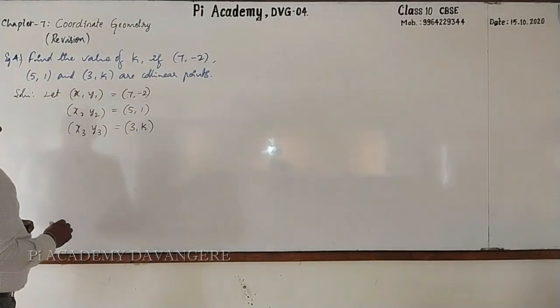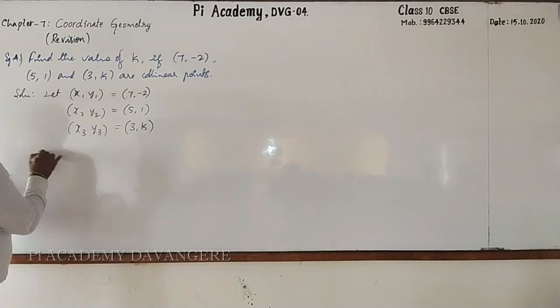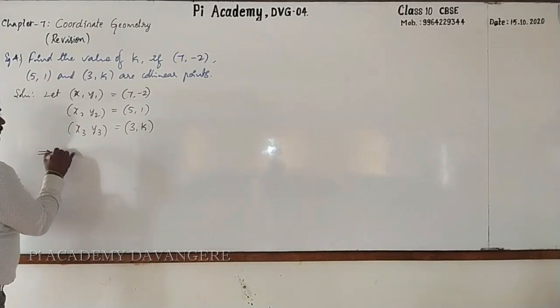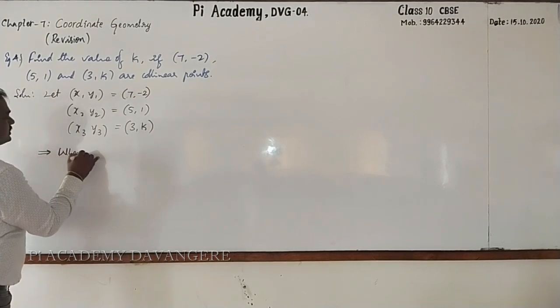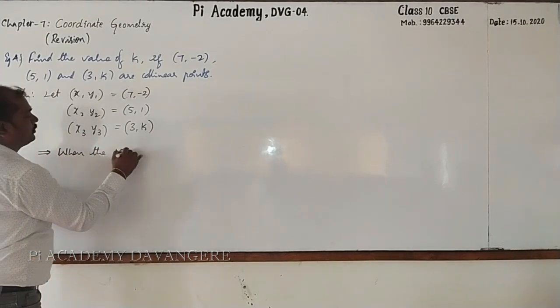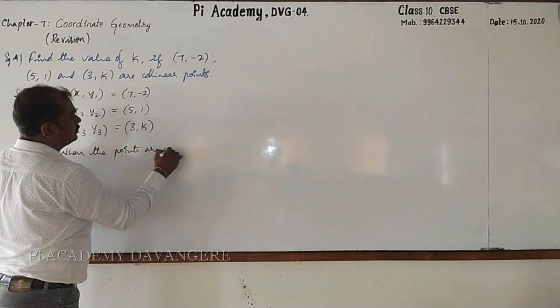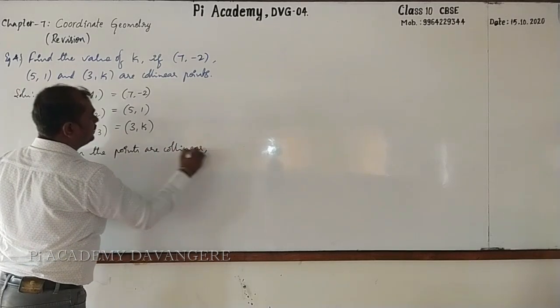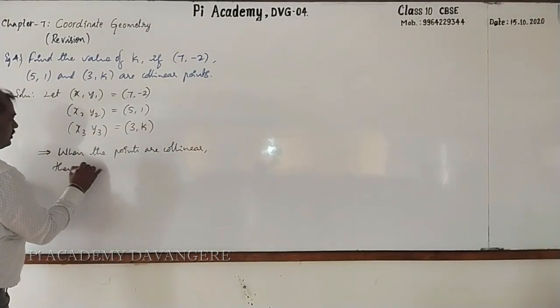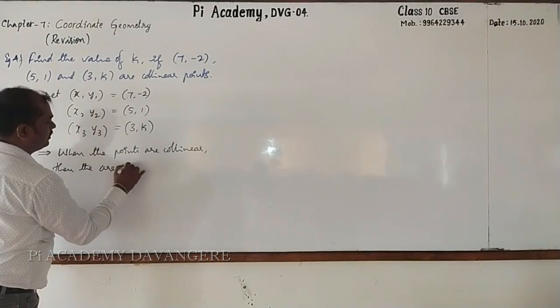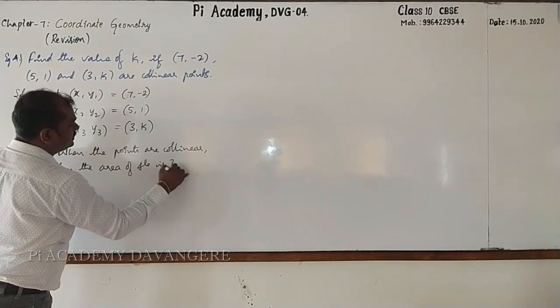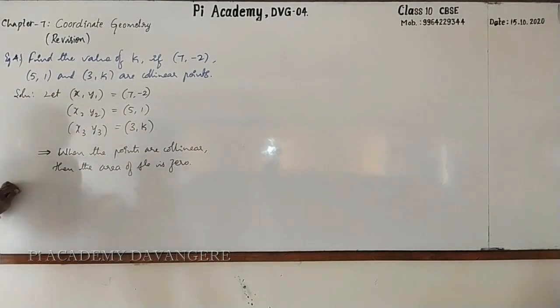Followed? Then here they are given points are collinear. When the points are collinear, then the area of the triangle is 0.